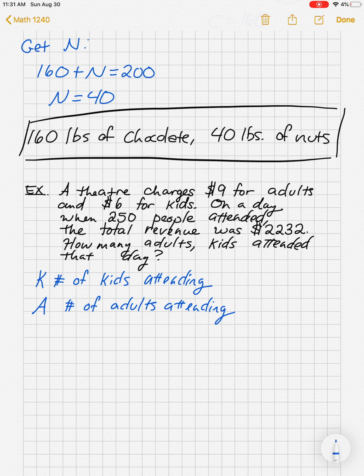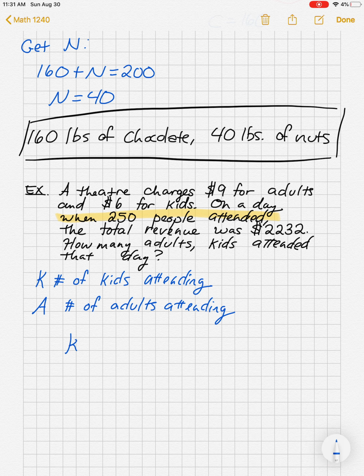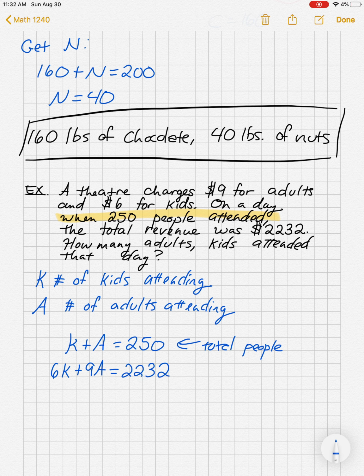All right, a theater charges, let's see, let me start with this actually. 250 people attended. So if I add the number of kids with the number of adults, I should end up with 250. This is the total people equation. The other equation will be for the revenue. So it's $6 for kids, $9 for adults, and that should add up to the 2,232.